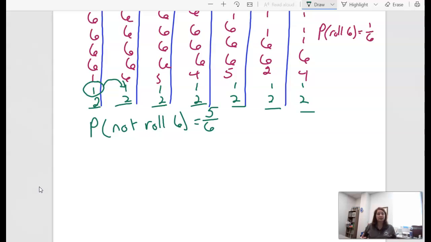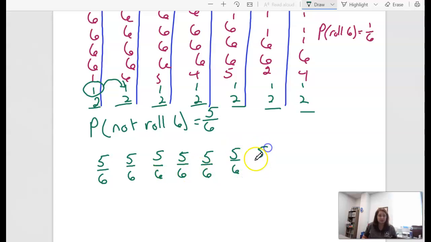So since these are independent events, this first event has a 5/6 possibility of not getting a 6. The second roll has a 5/6 possibility of not being a 6, and so forth. And so I'm going to do this 7 times because we're rolling it 7 times. 1, 2, 3, 4, 5, 6, 7.